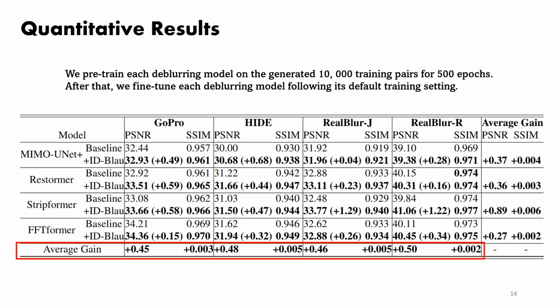As seen using our ID-Blau powered version, all 4 models show an average performance increase of over 0.45 dB across different datasets. Experimental results show that ID-Blau significantly improves the performance of 4 deblurring models across 4 widely used datasets, demonstrating ID-Blau's effectiveness as a data augmentation strategy for deblurring.